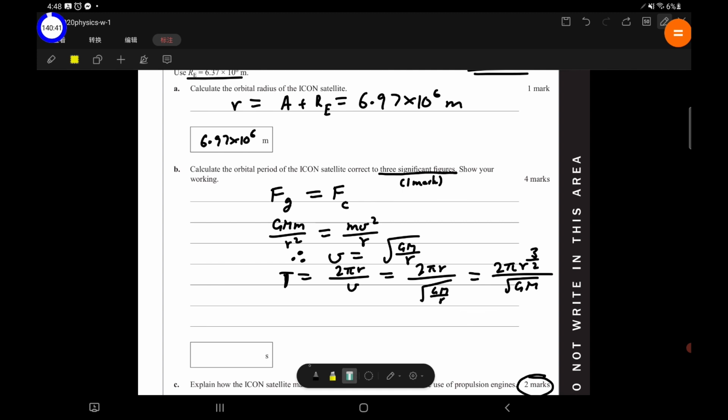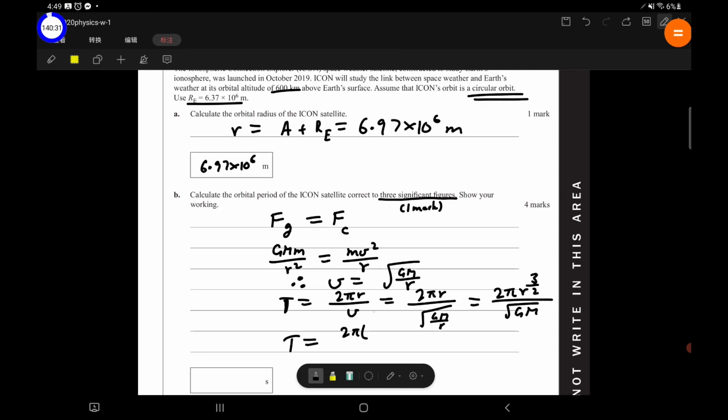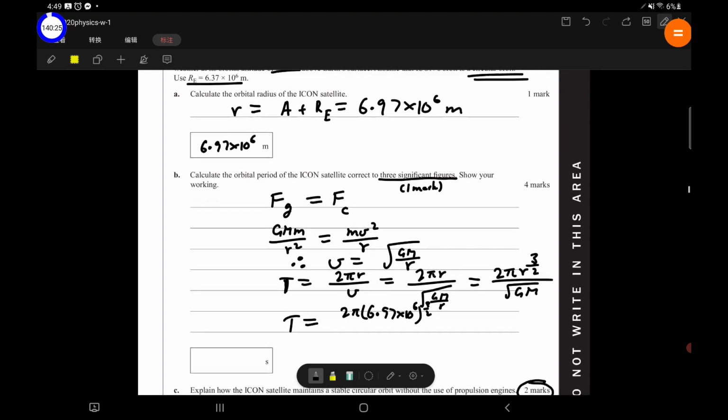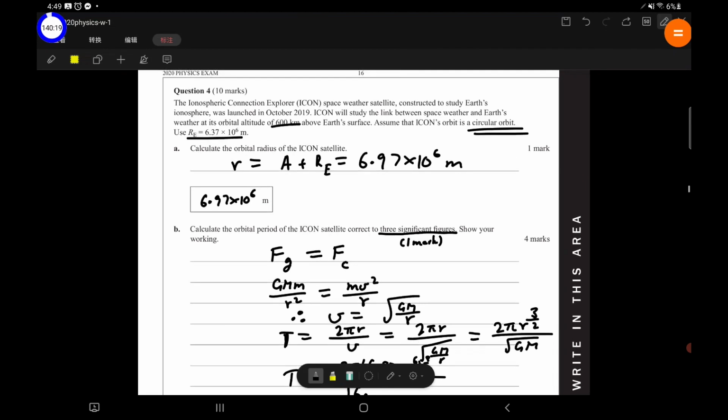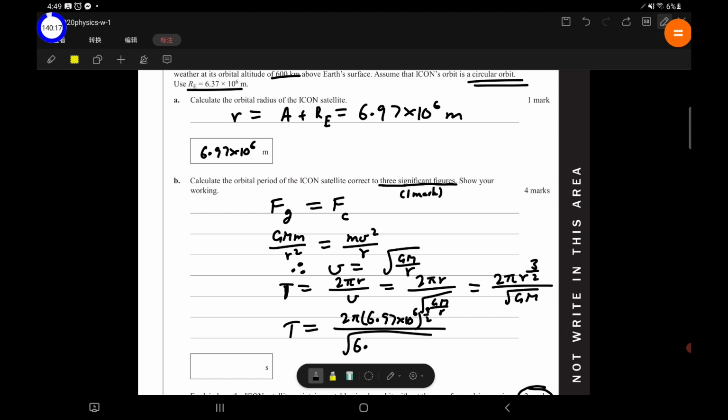So far we have gotten 2 marks from our working out, a 3rd mark for subbing in our values and getting our answer, and then our final mark will be given by the correct number of sig figs.